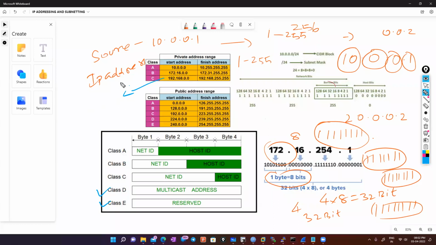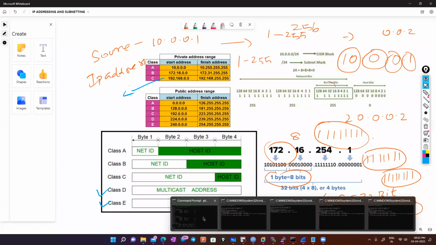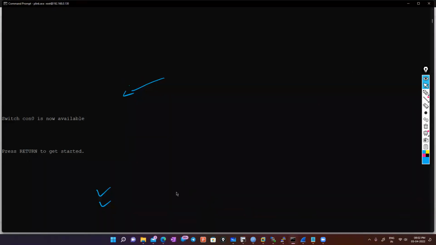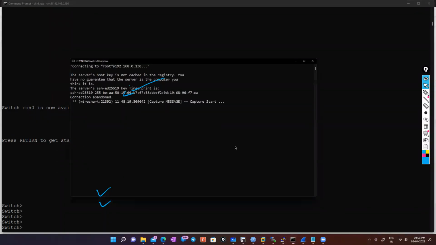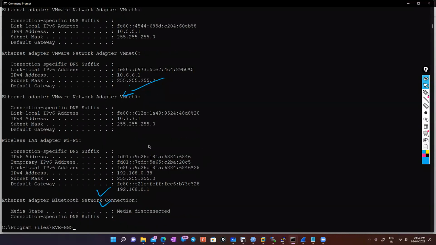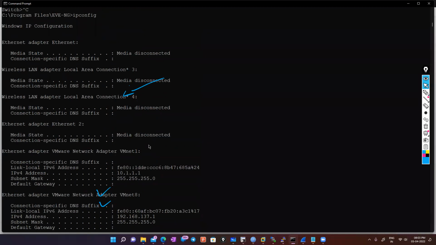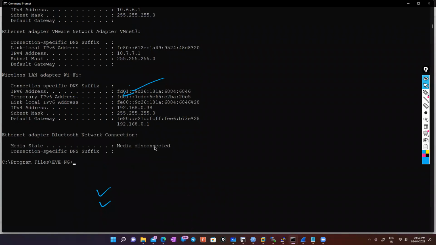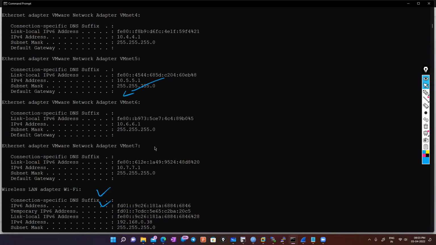If I check the IP address of my PC, it would be in the same range. Let me check. And I have accessed the switch here. I'll take one more command prompt. Okay. So if I give ipconfig, here I'm trying to find my wireless adapter.